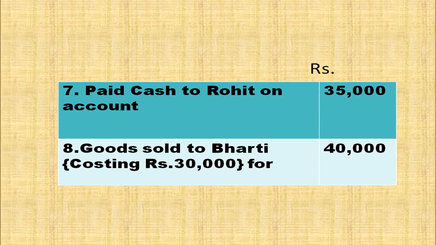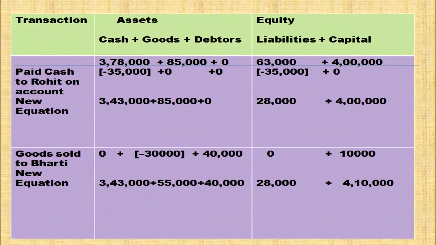Then paid cash to Rohit on account 35,000. Goods sold to Bharti, cost price 30,000. It is sold for 40,000. The effect of the transaction on the accounting equation is like this. Paid cash to Rohit on account. Cash minus 35,000 is going from the business.